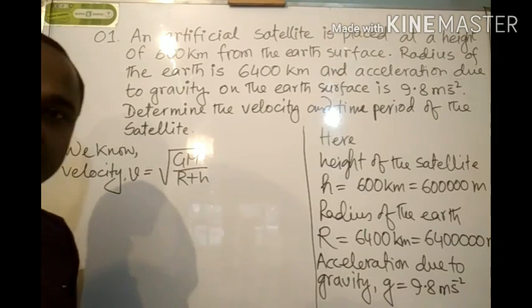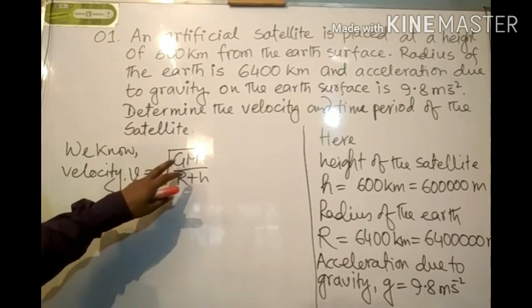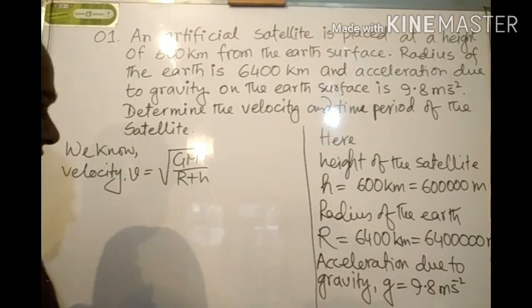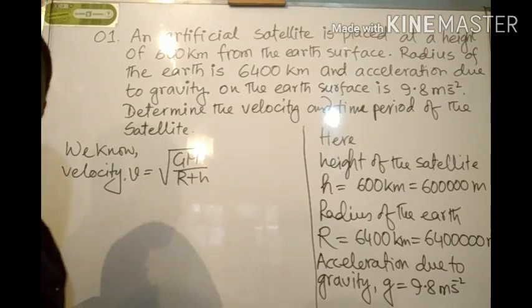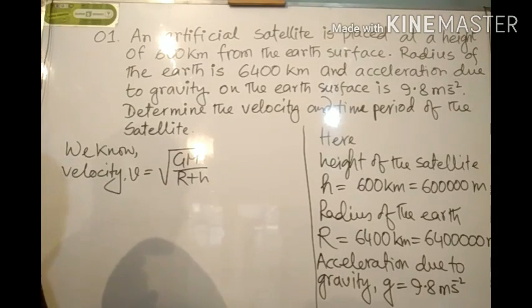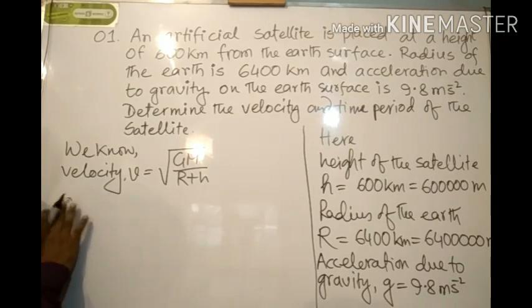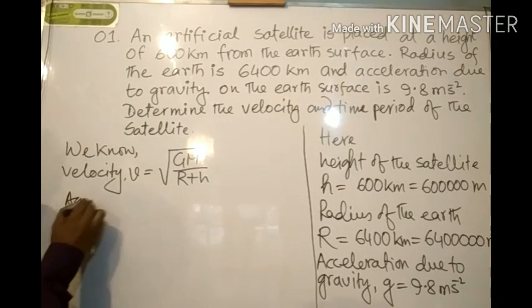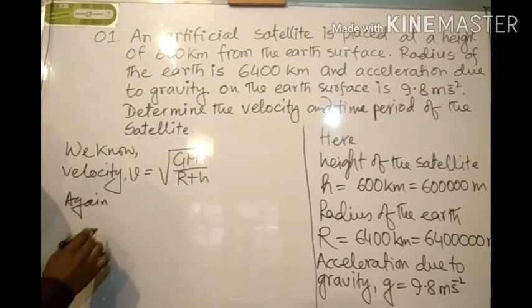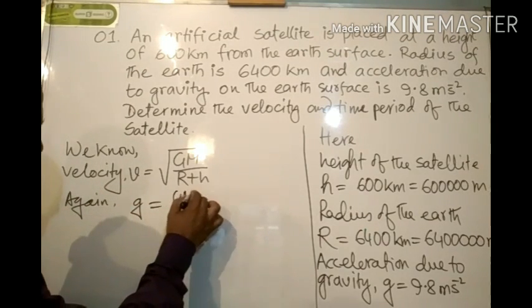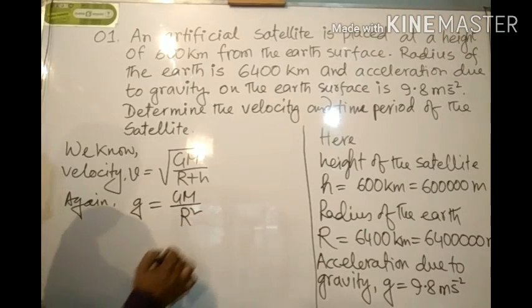Listen, to calculate the velocity, we have to know the gravitational constant and the mass of the Earth. But the mass of the Earth is not given. But we know again, acceleration due to gravity g is equal to GM by R square.